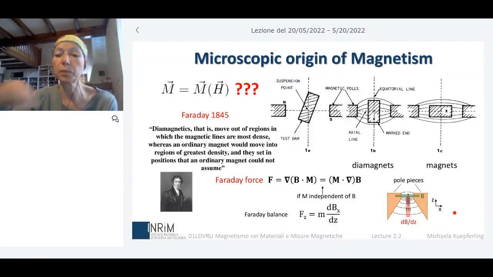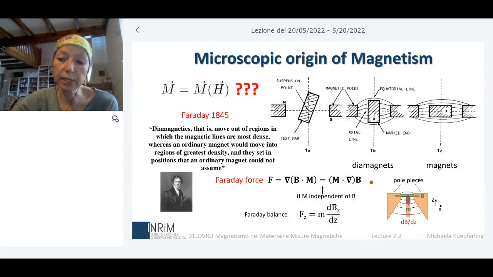This is exactly the experiment that we still use, another experiment of Faraday, the Faraday balance. You can see here a picture of such an experiment, and it is based on the Faraday force. This equation describes the Faraday force, the force on a magnetic material in a magnetic field gradient. Calculating this expression is not that easy.